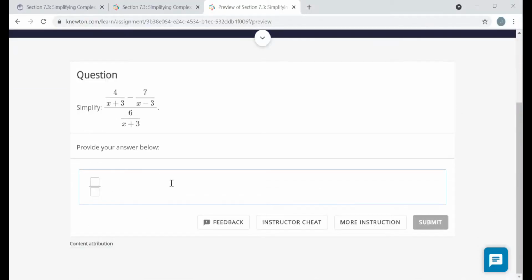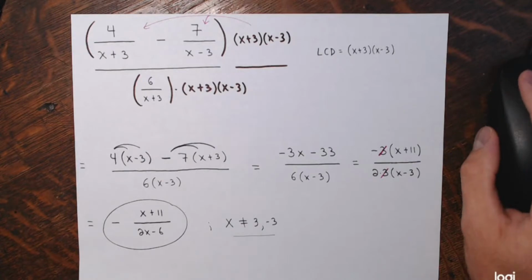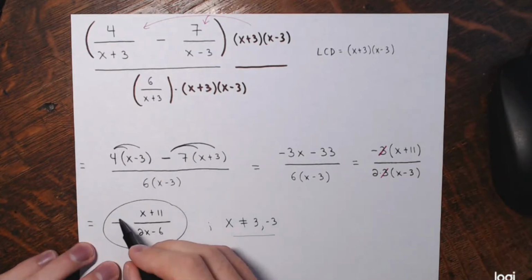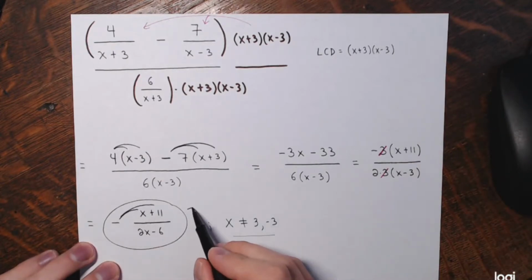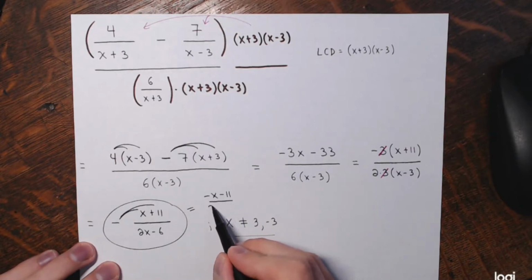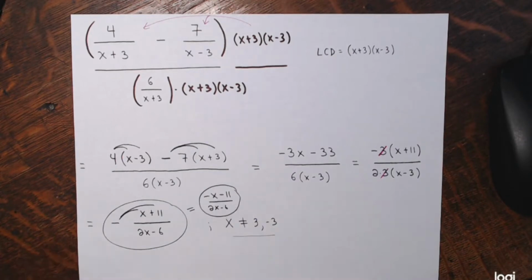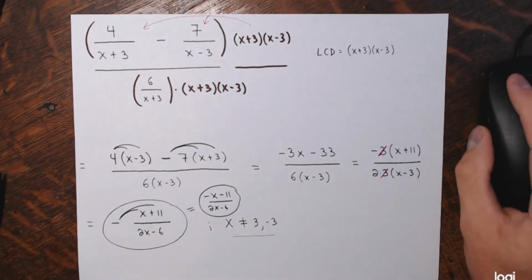Well, I guess I should put the negative sign into one of the numerator or denominator, because that's what they're having us do. So going back here, let me just put the negative into the numerator. Make that negative x minus 11 in the numerator, and then 2x minus 6 in the denominator. So this is what I'll enter, because they're having me enter the numerator and denominator separately.